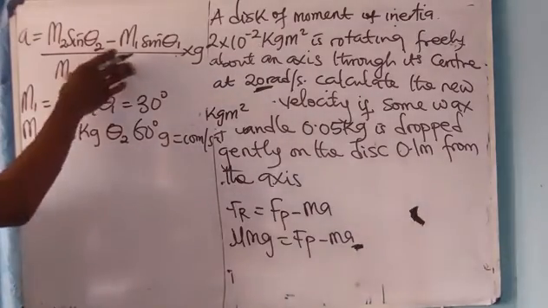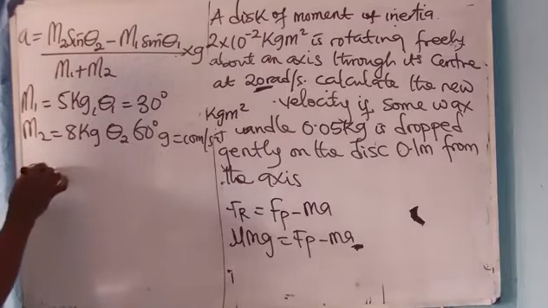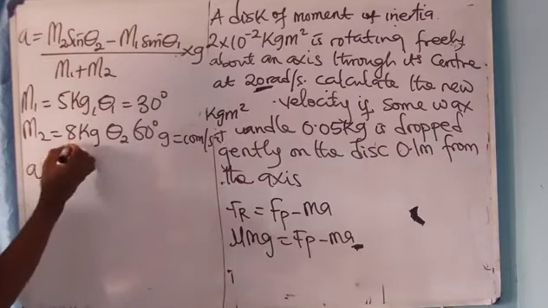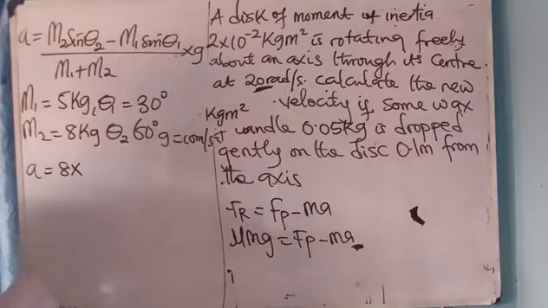Now, this is the formula, which means that A is equal to m2, which is 8, times sine 30.